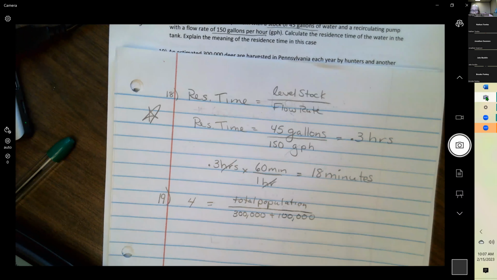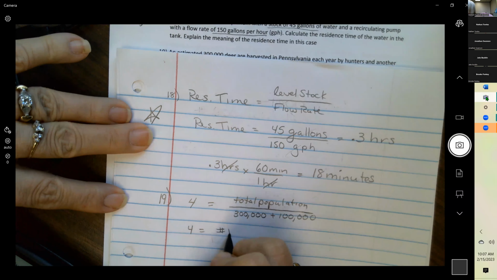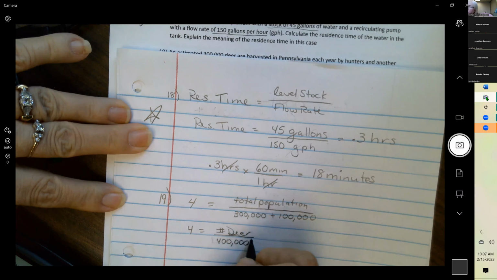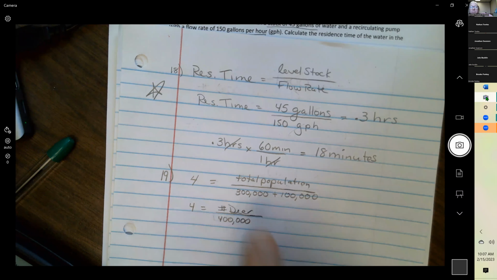I just wanted to show you where it's coming from. So I added them together. Remember, your total population is the total number of deer. And you could leave total population. I just wanted you to visualize what it was.